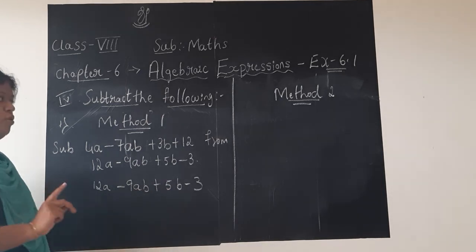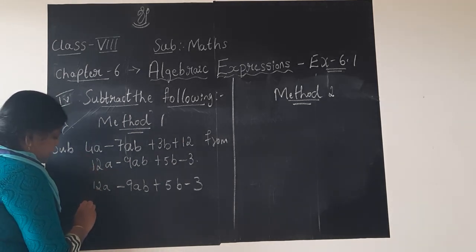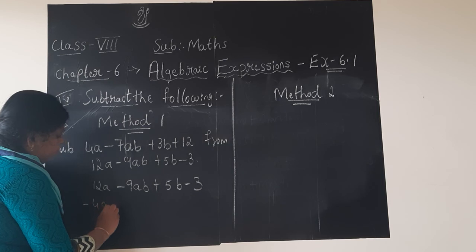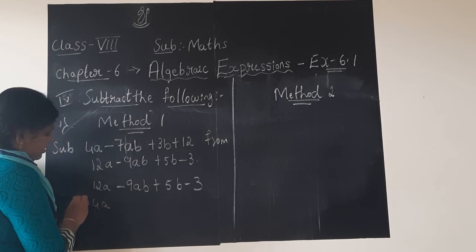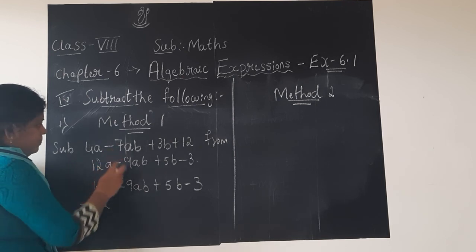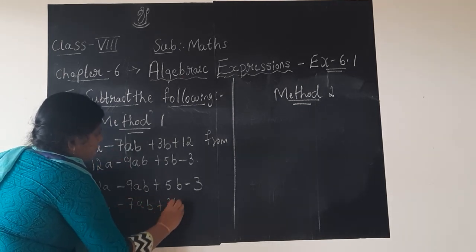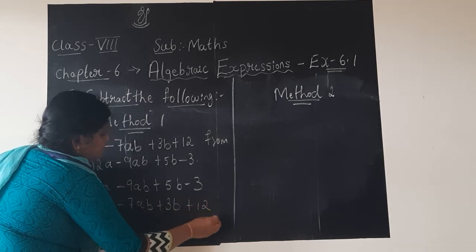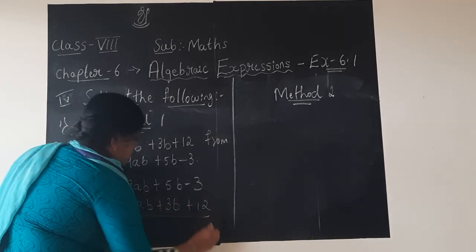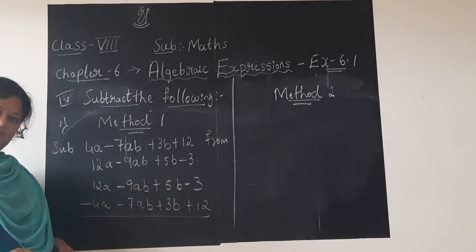If not, you have to rearrange and write one below the other. So this should be subtracted from, minus 4a. Why will I write minus 4a? Because I am subtracting, no. So minus 4a minus 7ab plus 3b plus 12. Like this usual method of subtraction we are doing by writing one below the other.